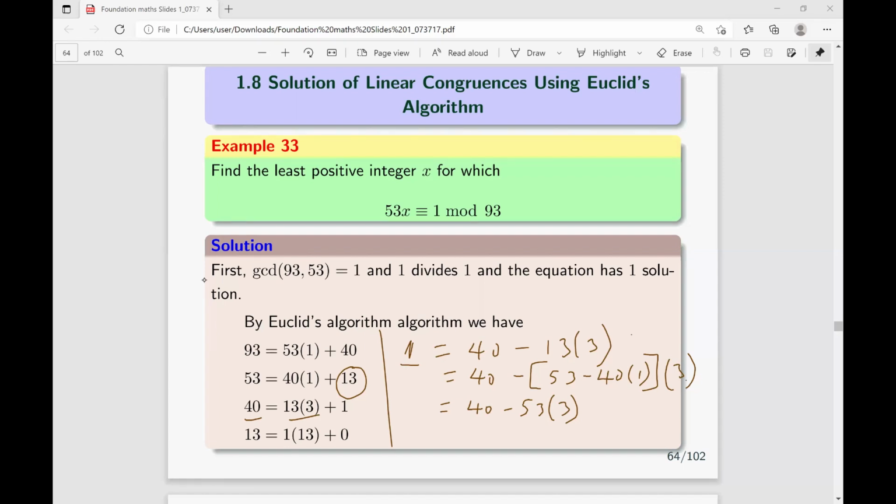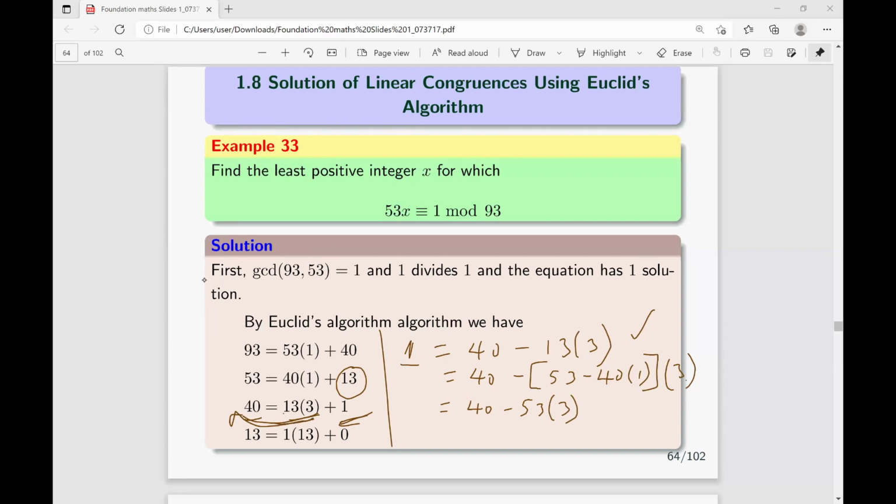We're beginning from this equation where the GCD is, and you're making the GCD the subject of the formula. So how do you make 1 to be the only one on the left side? You have to take this one to the other side. Is that okay? So for 1 to remain alone, you take this other one to the other side.